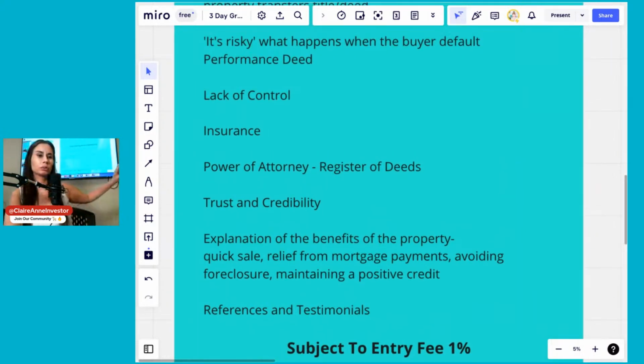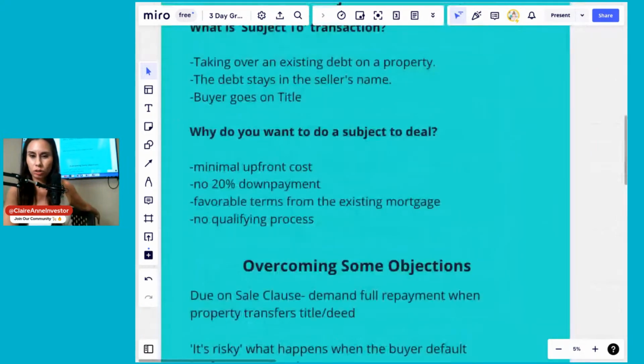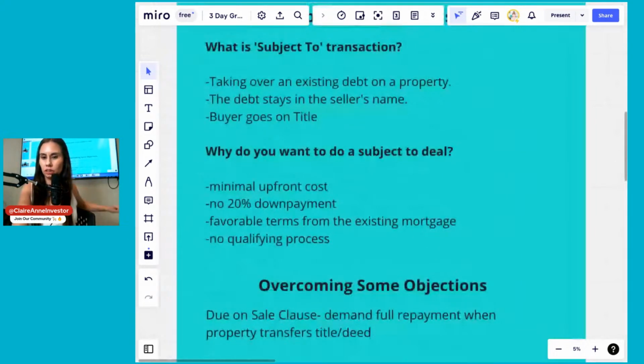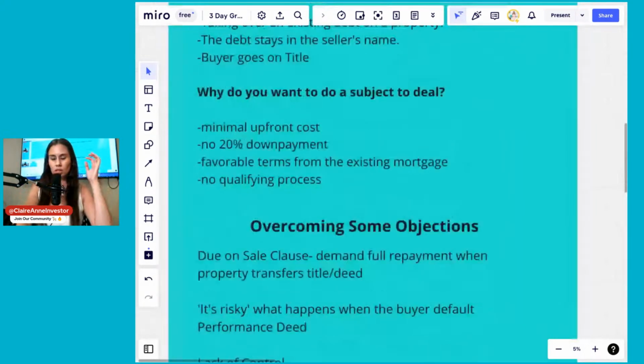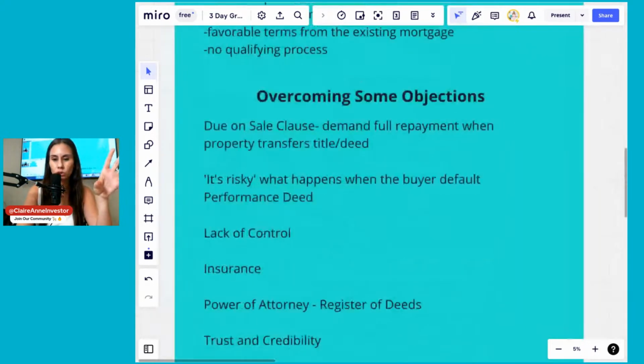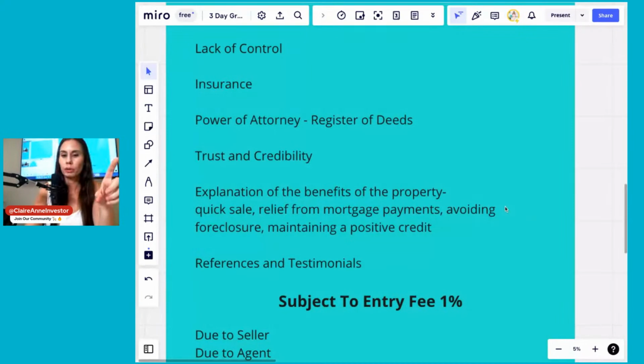So I'm going through what exactly subject to transactions are, the minimal upfront costs, overcoming some seller objections, and I can go through these with you. Okay. So going through basically the whole thing, and then also the subject to entry fees. I'm live streaming, so that's why you see the microphone and everything. But the entry fee of exactly how it is, and then we're going to start calling people.